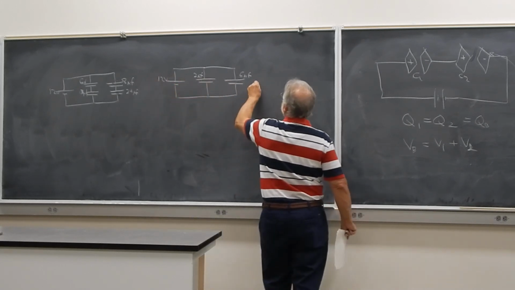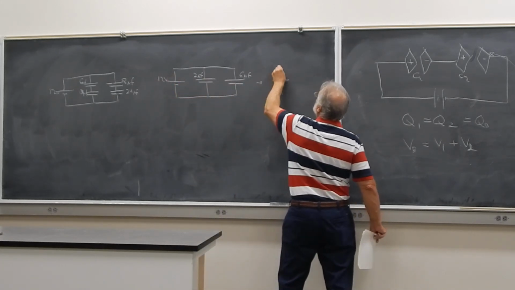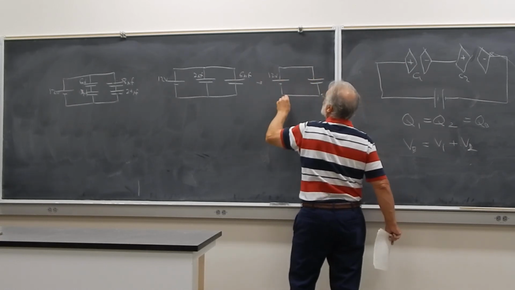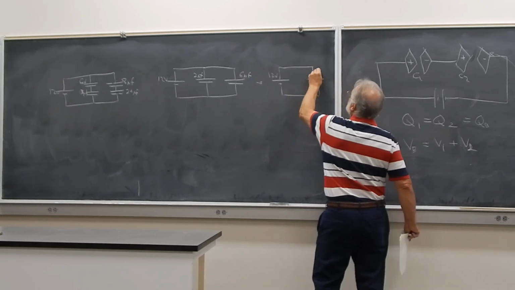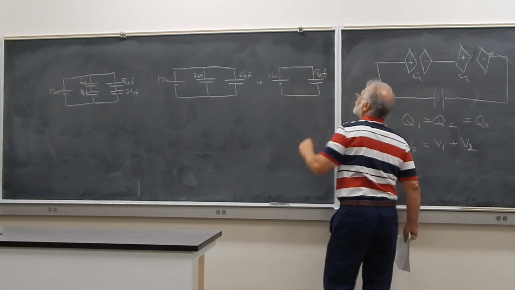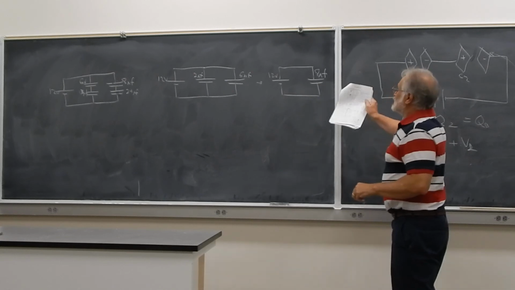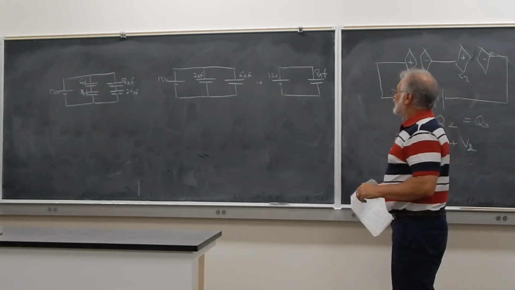I now have a parallel combination, so I've got 12 volts, and I just add the capacitors in parallel, so my equivalent circuit is now a 12-volt battery with an 8 microfarad capacitor, because 2 and 6 is equal to 8 for capacitors in parallel.